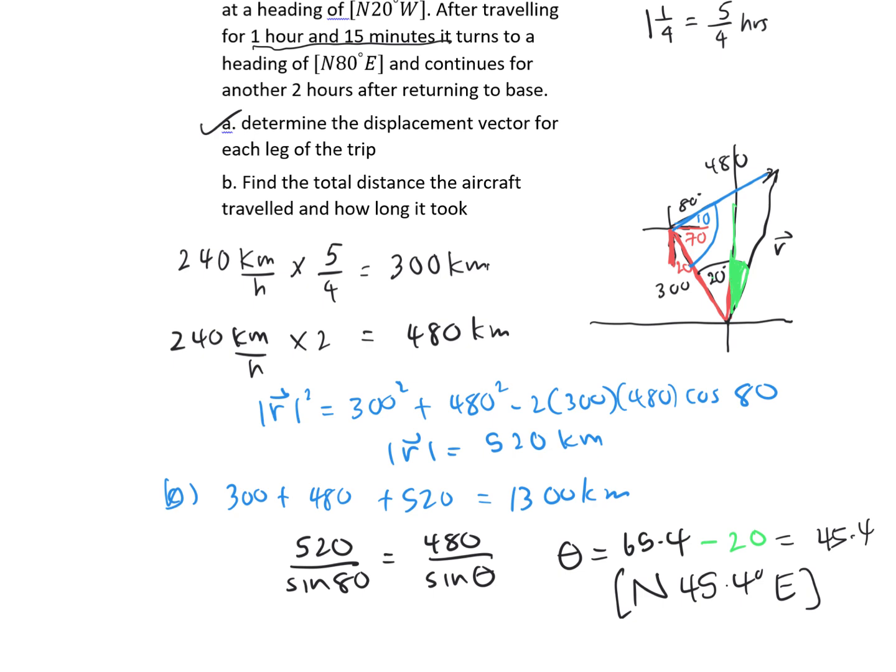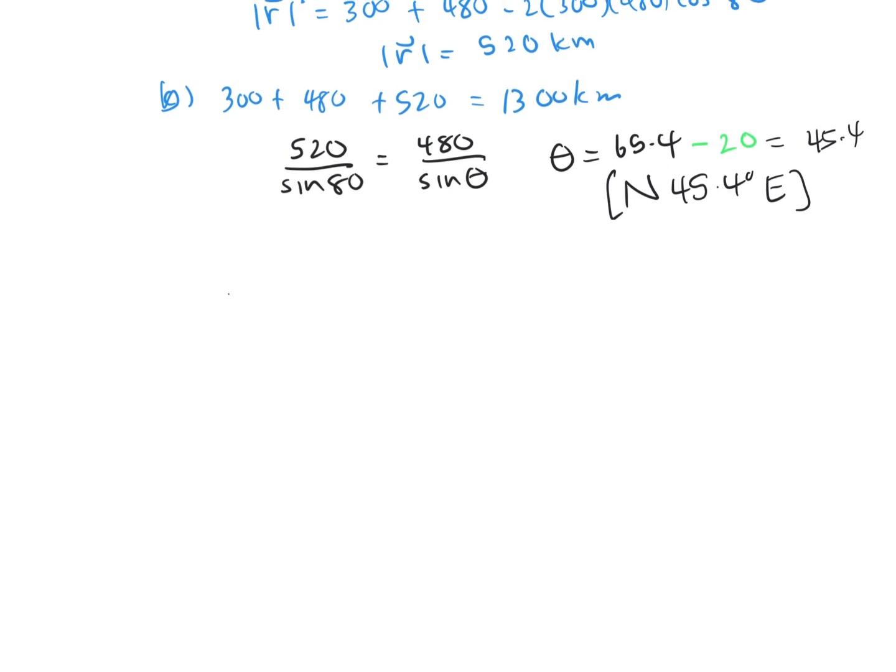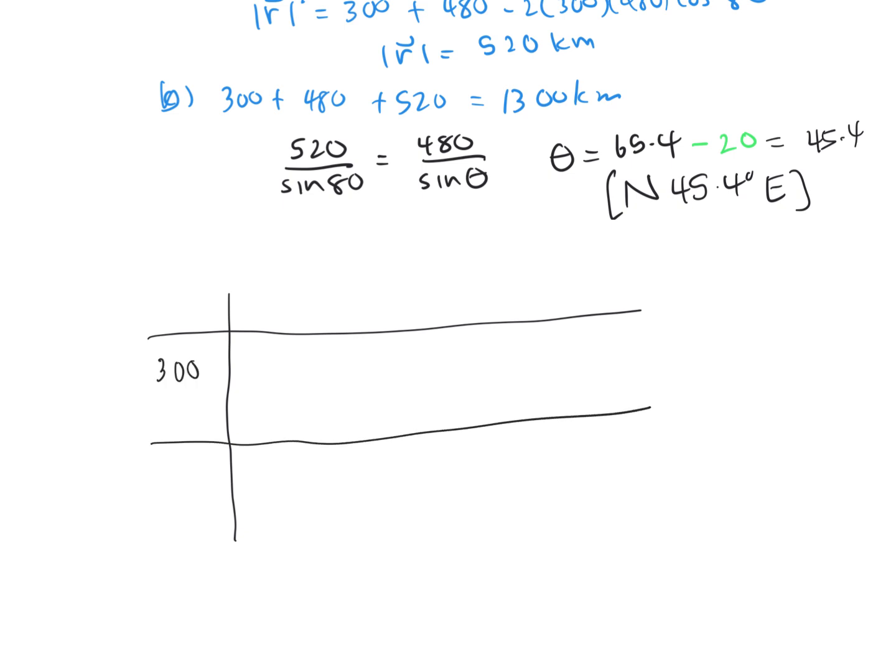If we're using components, we'll make a table. We've got the first leg of the trip is 300 kilometers, and the second leg is 480.